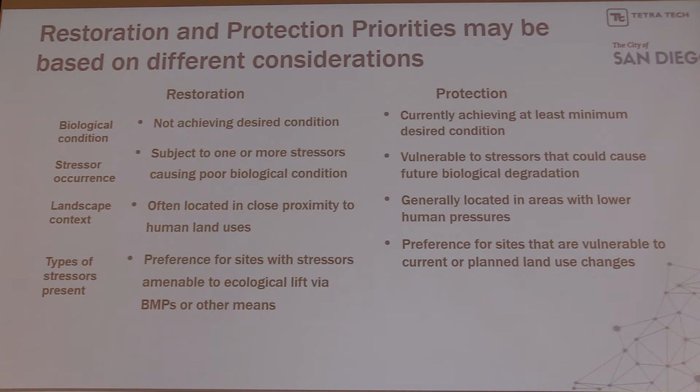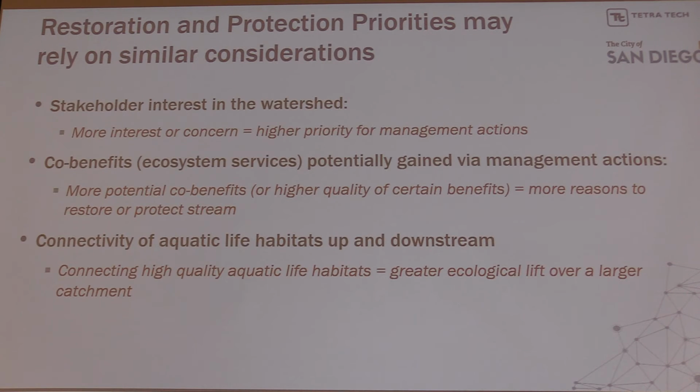For protection, it's usually a site that's not impaired, but you want to make sure it stays that way. Going down the line, there are the kinds of stressors you're typically dealing with, and how imminent they are or how vulnerable the site is to them. These are all things we have to wrestle with in this tool, to differentiate between restoration and protection.